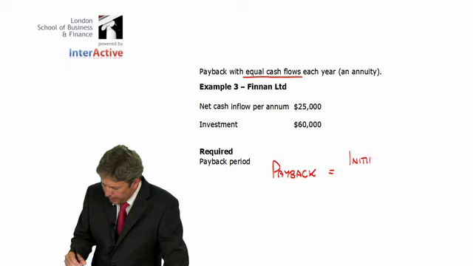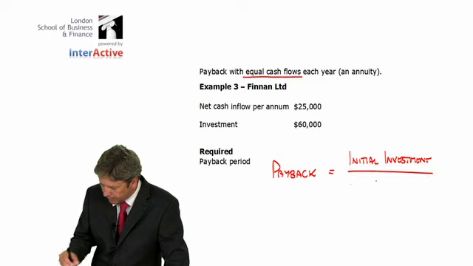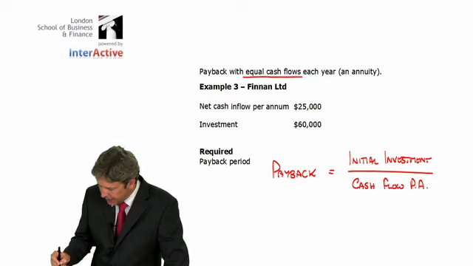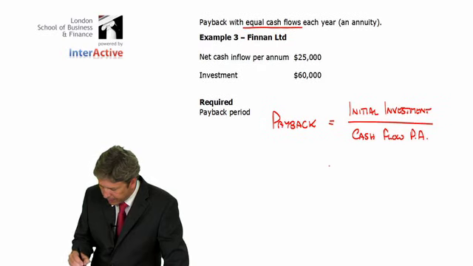Because all we have to do is to take the initial investment and divide through by the cash flow per annum, taking advantage of the fact that the cash flows are a constant.